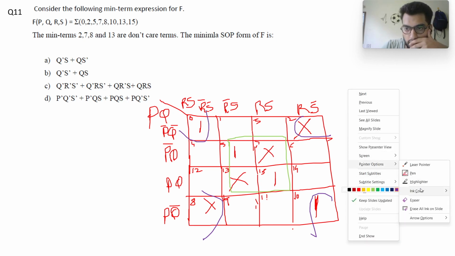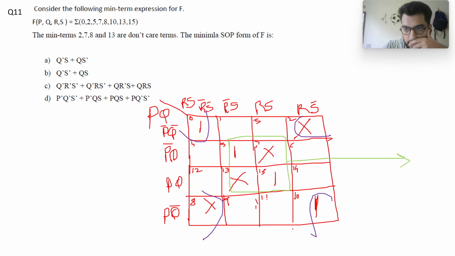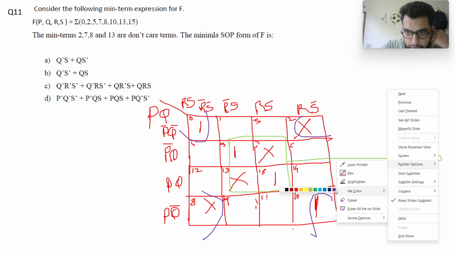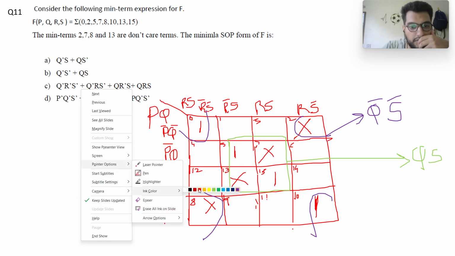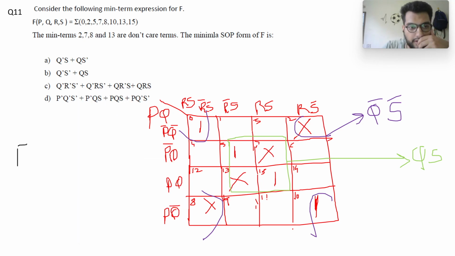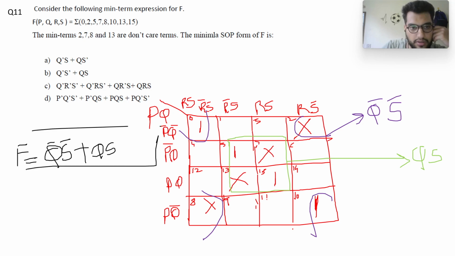The contribution from this quad is QS, and the contribution from this quad is Q bar S bar. So my final expression will be F is equal to QS plus Q bar S bar, the two input XNOR expression. That is option B.